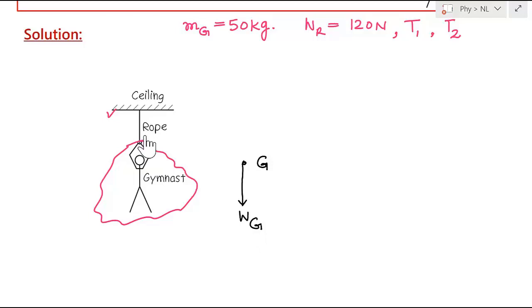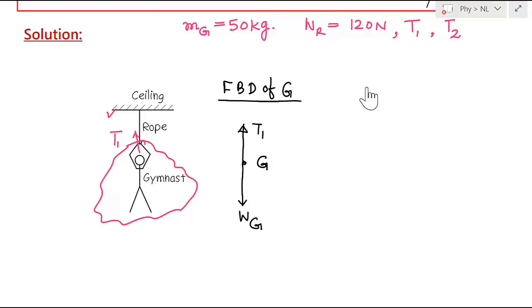Another force acting on this gymnast is a force that is trying to pull her up, and this force is applied by the rope. So the rope is trying to hold this gymnast in the upward direction, and let's call this force T1. So we can show this force in the free body diagram. So this is the free body diagram of the gymnast, and G denotes gymnast.